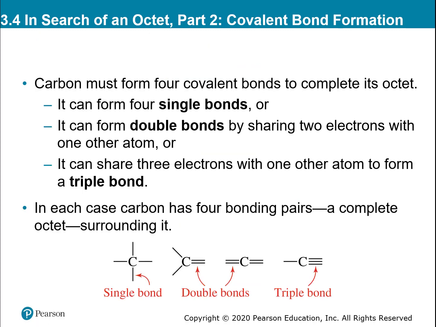Well, carbon doesn't just have to form 4 single shared pairs of electrons. Carbon can actually form more than 1 bond with other atoms. The goal, though, is just to make sure it has a total of 4. So do you see in this one how carbon has 4 single bonds? Those would be 4 individual bonds. But then, in fact, carbon can form what's called a double bond.